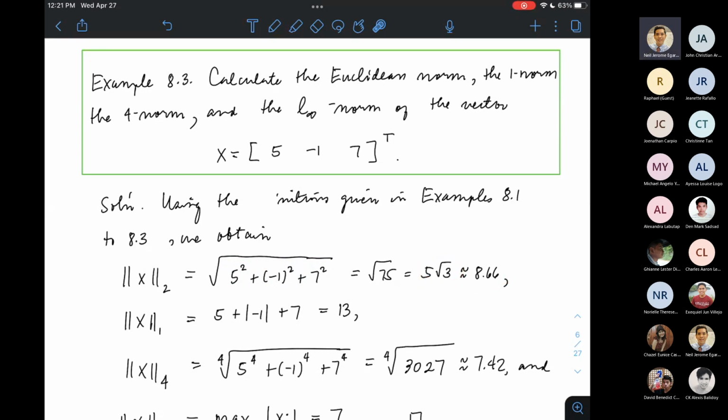Okay? Tapos yung 1 norm naman, gamitin nyo lang yung definition ng P norm when P is equal to 1. So magkakaroon siya ng first root, which is just essentially the sum itself, summation ng absolute values. So 5 plus absolute value of -1 plus 7, you get 13. Okay? The 1 norm is usually called the taxicab or the Manhattan norm.